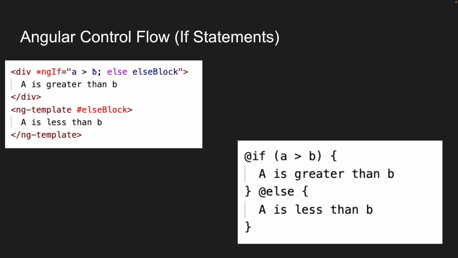So whenever a is greater than b, then 'a is greater than b' will be displayed. In the same way we write an if and else condition, how we write in JavaScript or TypeScript in a programmatic way. We can use this @if @else in our HTML itself. So that is very easy to write the code and understand the code. It is readable. So let me go into the next slide.